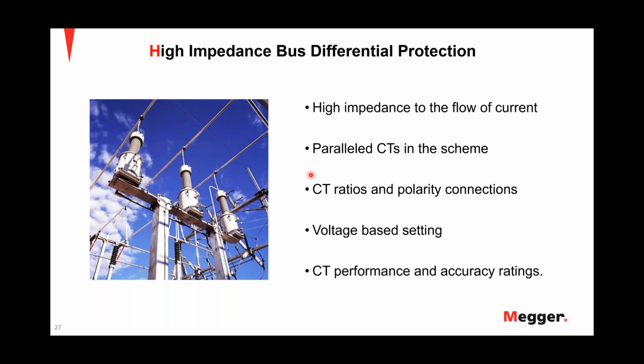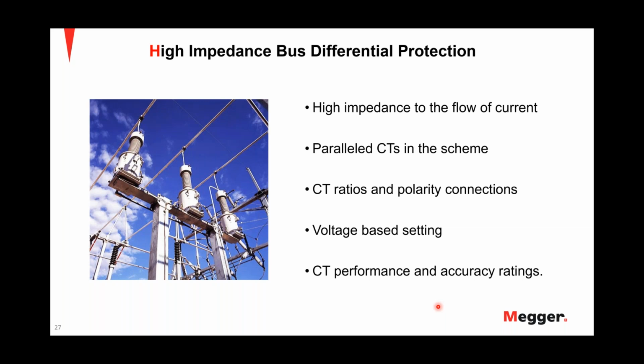The CTs are connected in parallel, and then to the relay. We have to make sure that the polarity connections are done correctly, such that the currents add up to zero during nominal load conditions or an external fault. Whenever there is a difference of current because of an internal fault, this current difference is seen by the relay, like we discussed before.